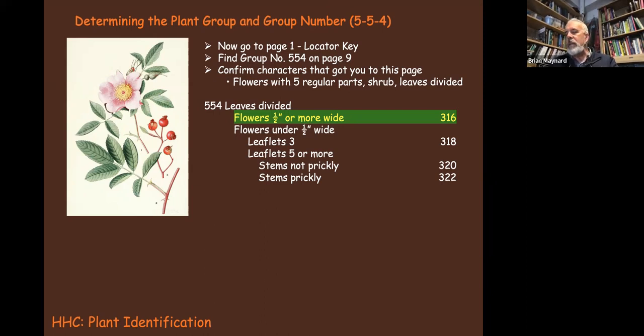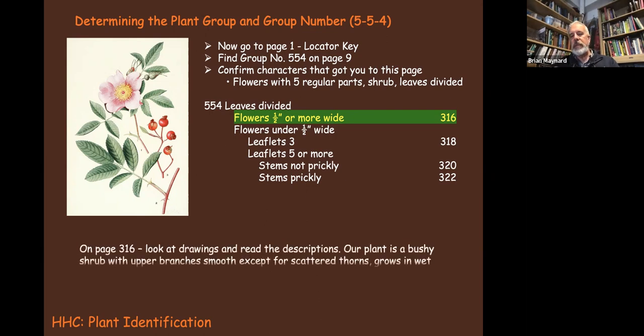Now, a nice thing about Newcomb's, along with other good field guides, is that it has rulers on the edge of the page right here. So you actually have a ruler with you all the time when you have the book with you. So feel free to use the ruler. So knowing that we have all these characters and flowers that are 1/2 inch or more wide, then we know to go to page 316 of the book.